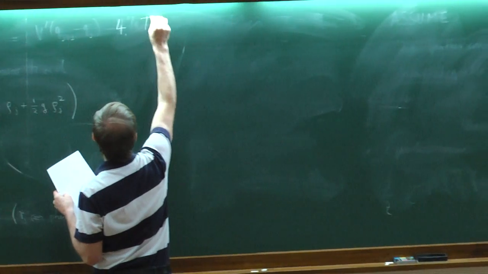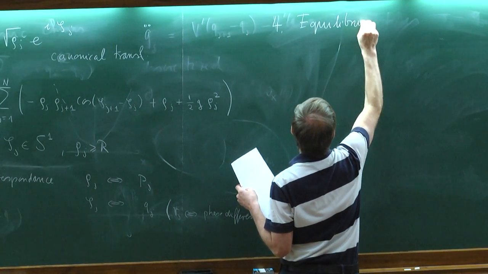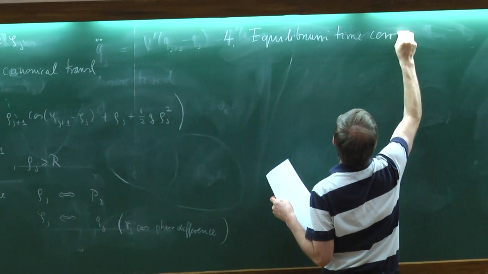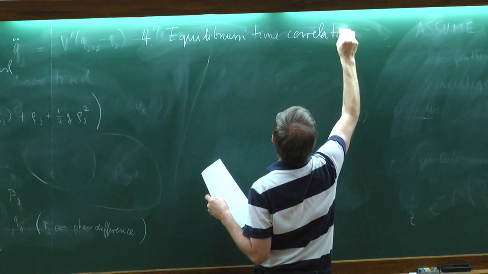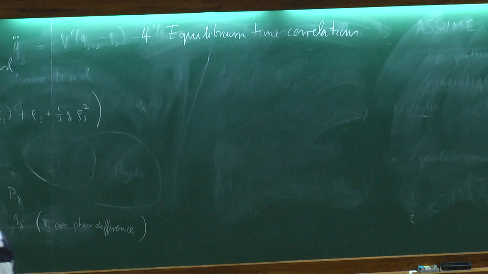So what we want to study are the equilibrium time correlations, and actually not any equilibrium time correlation, but those which have the longest lifetime, and these are the conserved quantities.